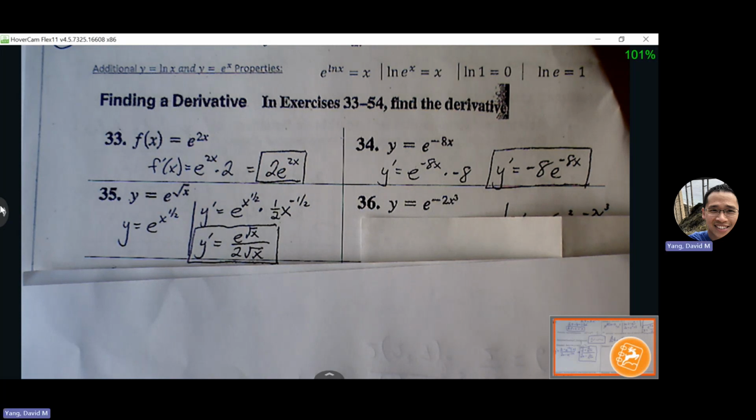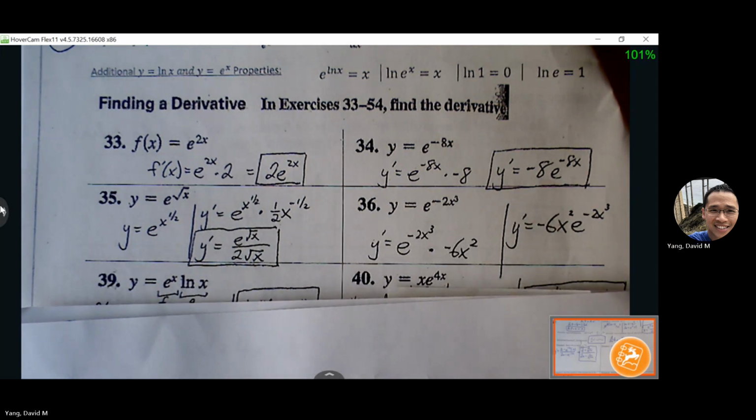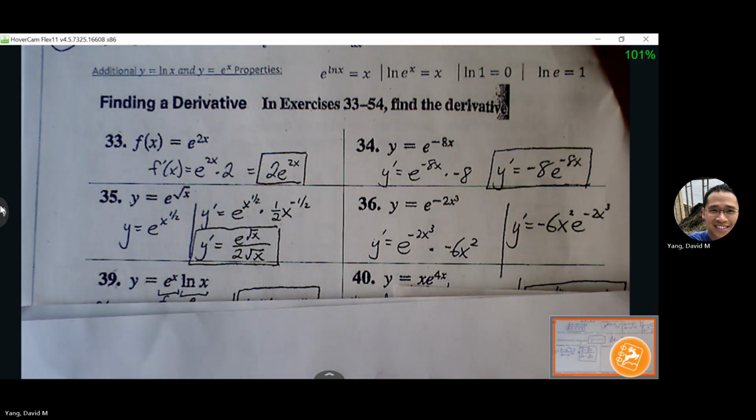I think 36 feels pretty straightforward. You're just doing e to the u times u prime, taking care of the exponent's derivative. Product rule is needed for the next few problems, recognizing that we have distinct expressions that are outside of each other and are being multiplied with each other.